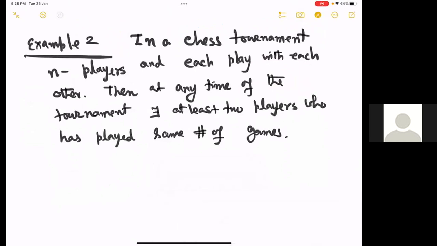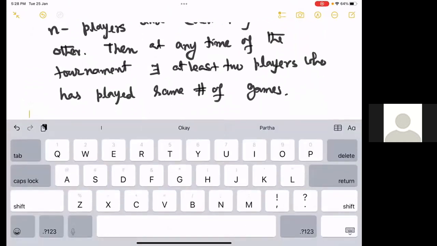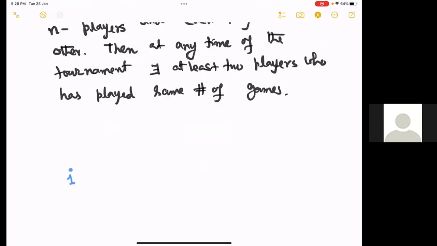So let's see. If there exists one player, let's say player one, who has played with everybody. So there are player two, player three, player n. If there is one player who has played with everybody, I join them by some line.